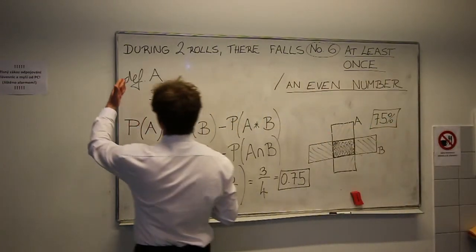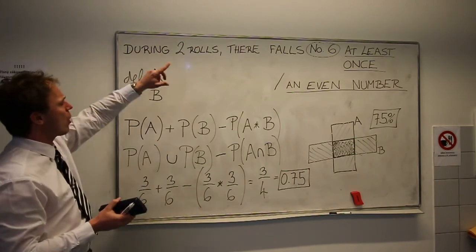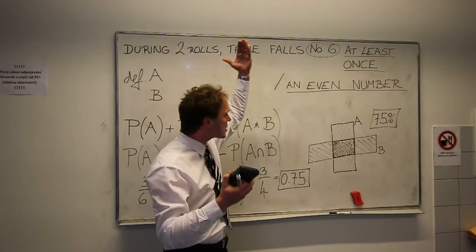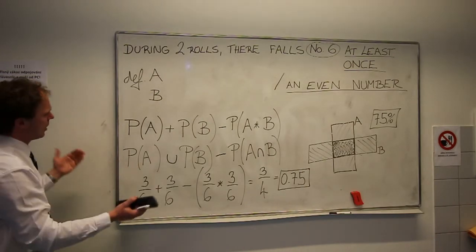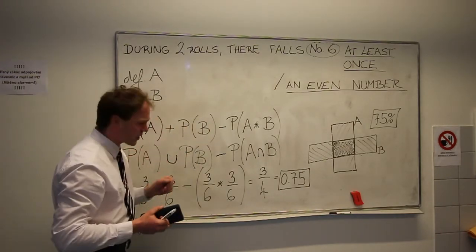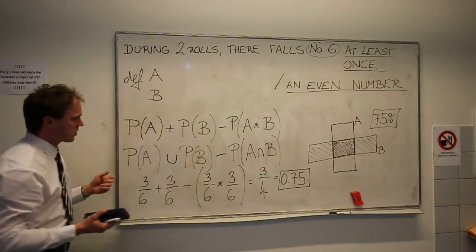So we calculated the last task during 2 rows. Therefore, an even number at least once. So an even number either in the first attempt or in the case of the second attempt, or in both cases together.